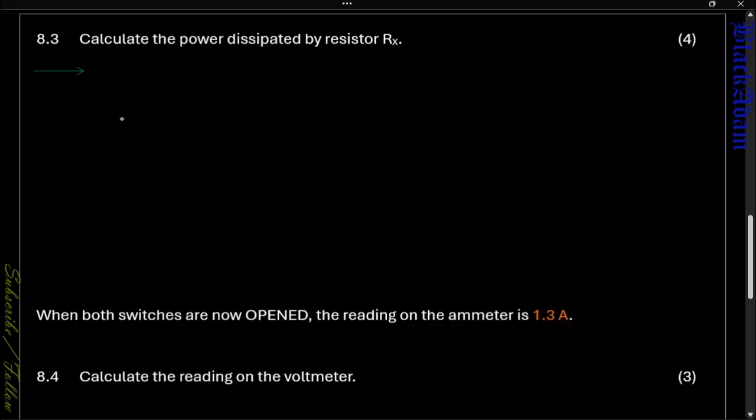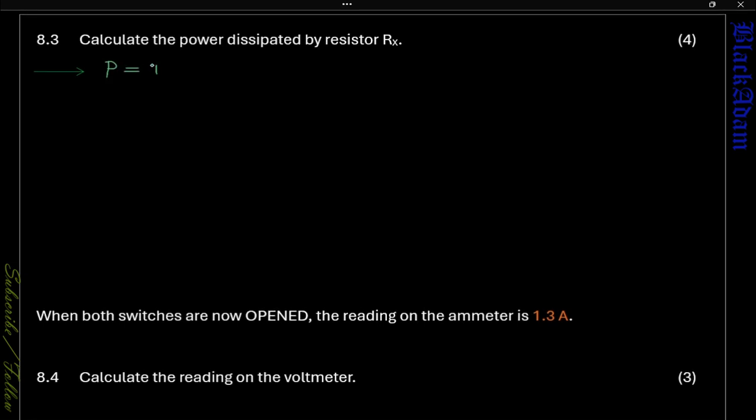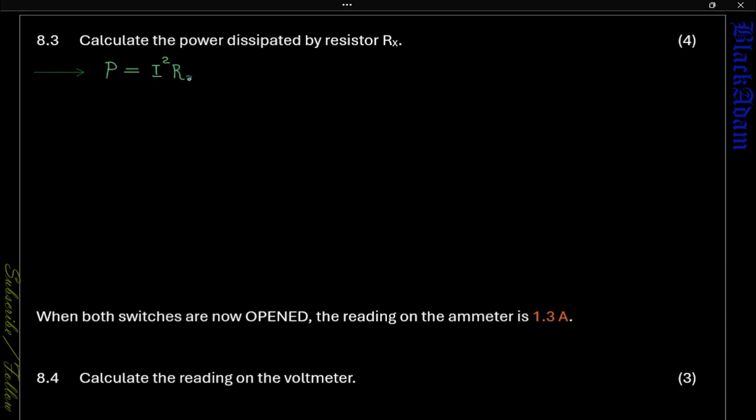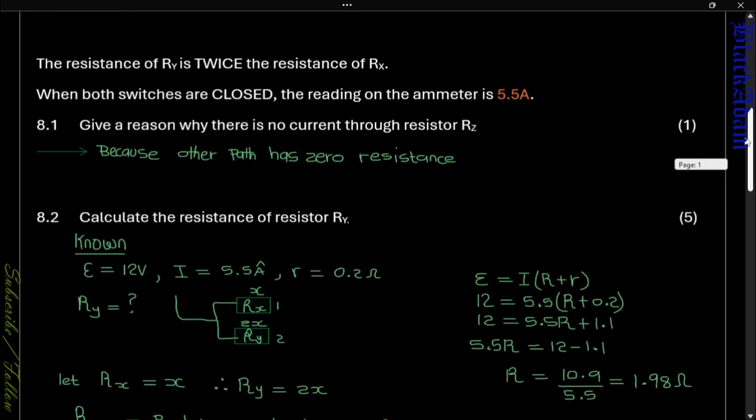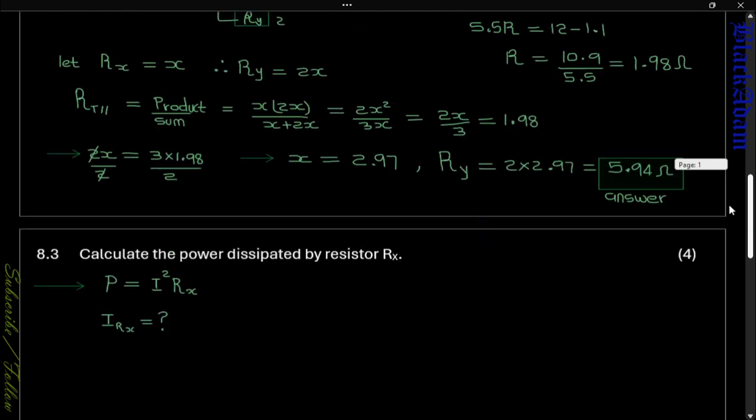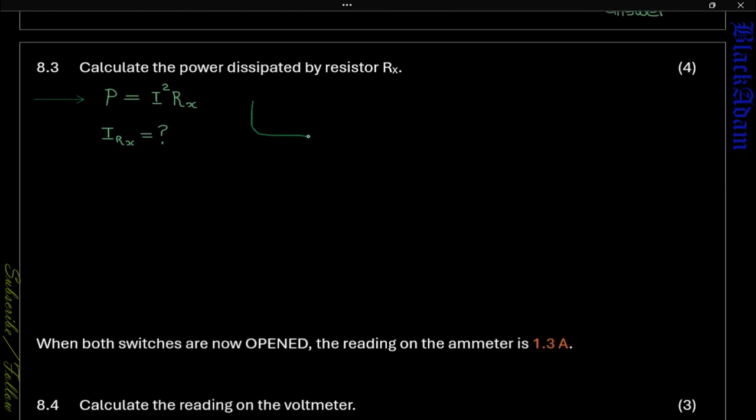And then calculate the power dissipated at Rx. Because we have the current and Rx, we don't know the current, but we know the ratio as it splits.